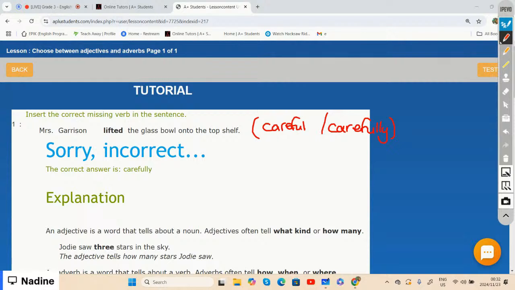So we need to choose the correct missing word. Do we say Mrs. Garrison careful lifted the glass bowl onto the top shelf, or carefully lifted the glass bowl onto the top shelf?